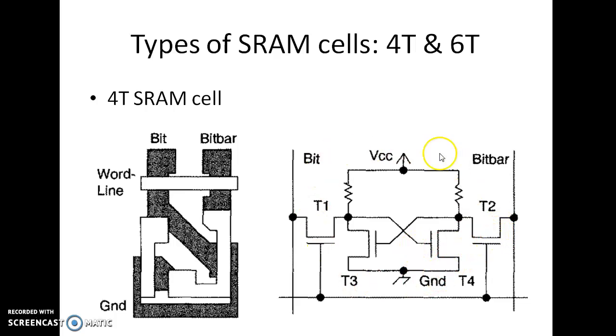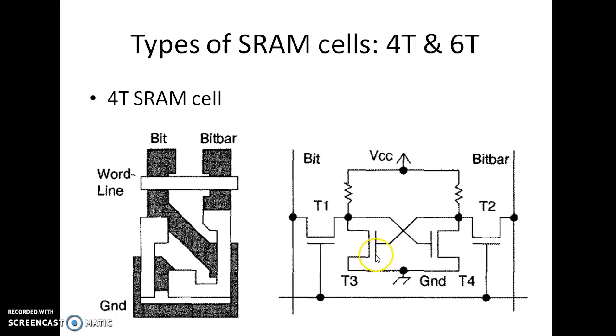So this would be, it has 2 cross-coupled inverters. What are those 2? If I assume this as one inverter, whose input is this one and the output is this one, this output is given to another inverter, and again this output is given as an input.